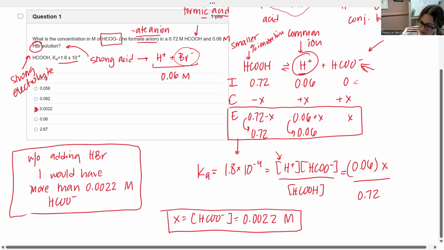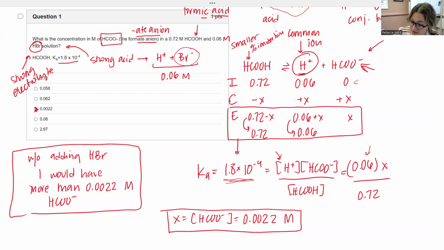Because by adding this in, mathematically, look, this number is very big. We have to keep the K constant, so the system goes to that K. That means that this is going to be a smaller number than it was without that large, inflated H plus value that we got from putting in some strong acid.